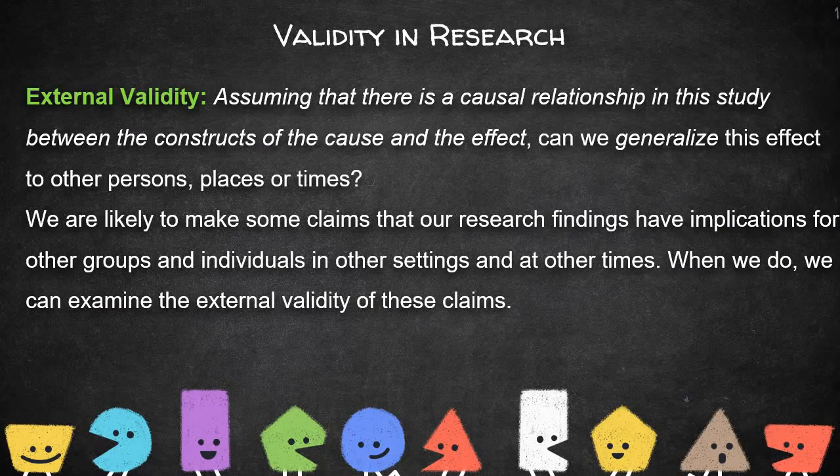Finally, we arrive at external validity, where we say that yes, there is a causal relationship between the cause and the effect. Can we generalize this effect to other persons, places or times? So if we try to extend it to different places, to different persons, can we generalize it, right?